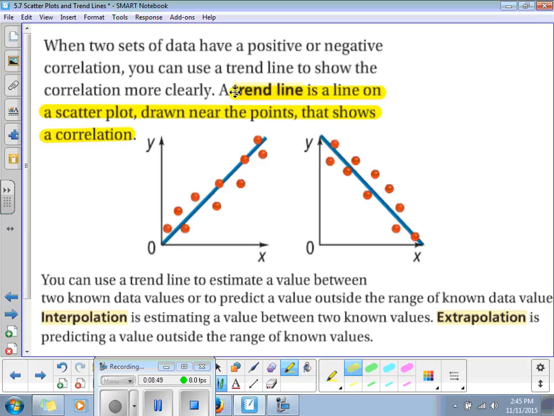When you are estimating within the data, that's called interpolation. When you are making predictions about what happens outside of the data, that is called extrapolation. Is everyone clear? Can you do interpolation again?